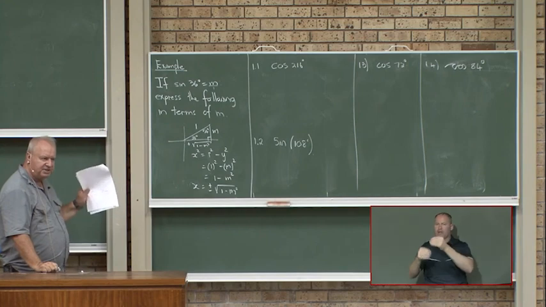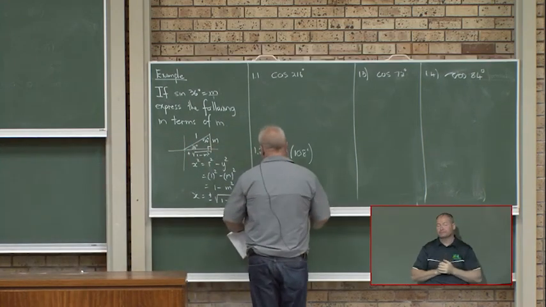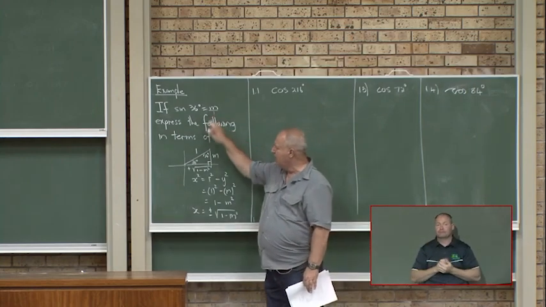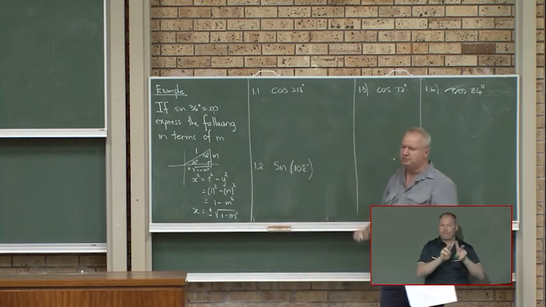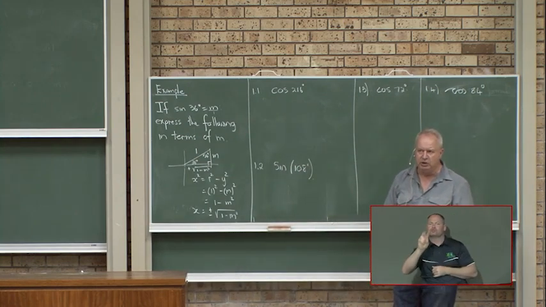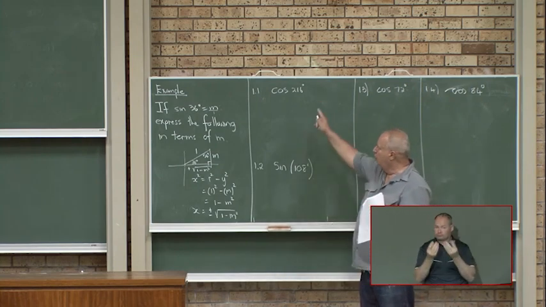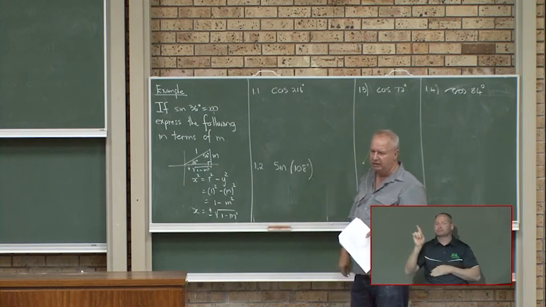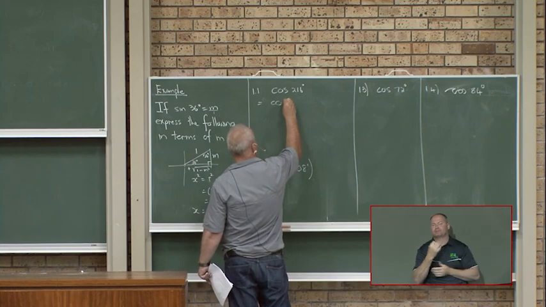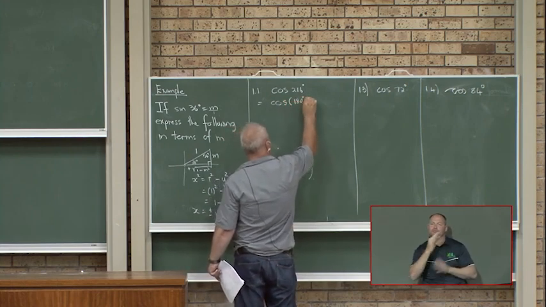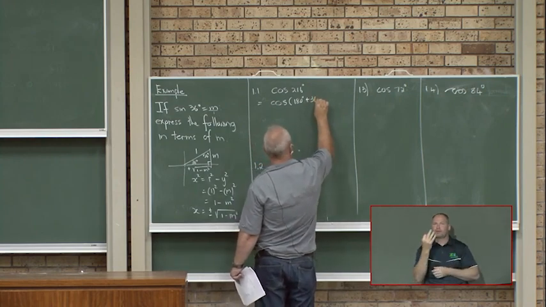Now, this is the way you need to reason. Once you've got the diagram and you've got the x, y, and r values, you've got to express the cos of 216 degrees in terms of m. Take note. The first step is to make that angle an acute angle. This is found in the third quadrant, so we use the third quadrant's reduction formula, 180 degrees plus 36 degrees.